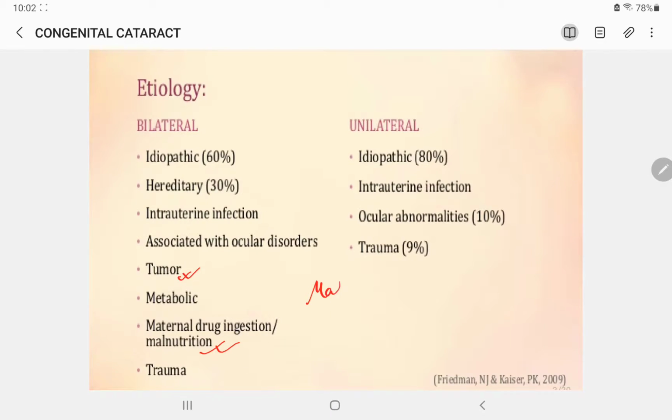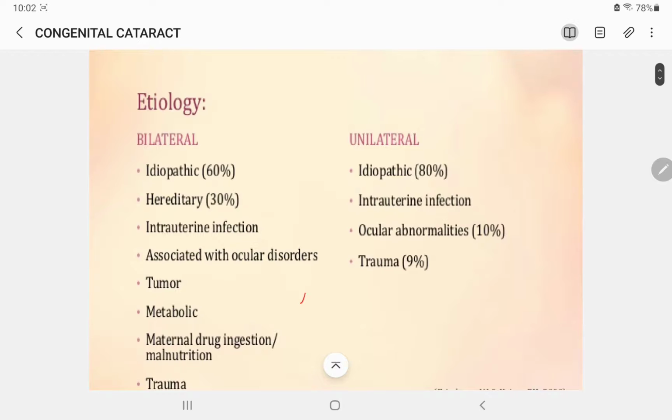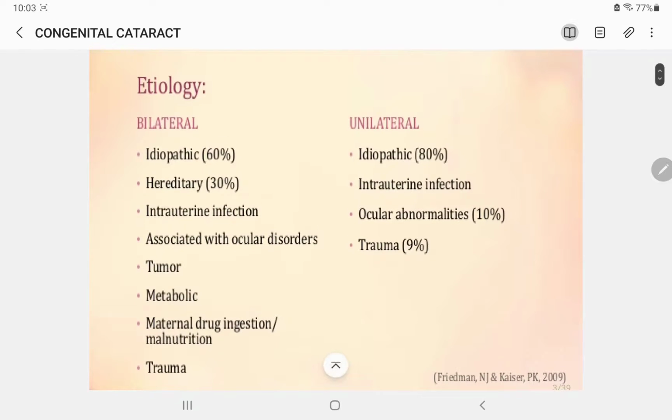There are maternal factors that are responsible for cataract. That includes drug ingestion and malnutrition, then intrauterine infection, and any other health-related problems in the mother. And also trauma.